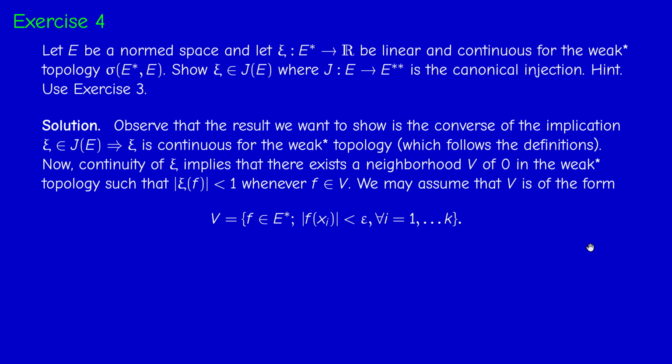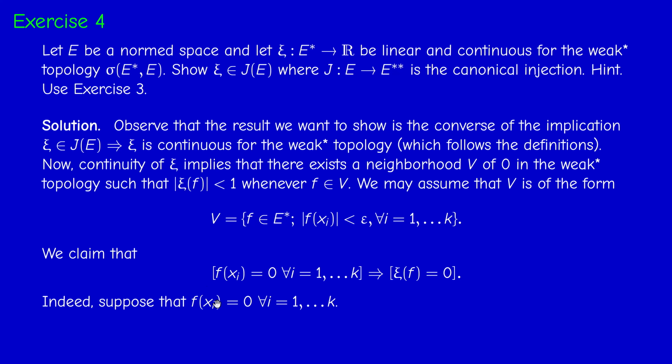So there are finitely many elements xi in E, such that f of xi in absolute value is less than epsilon for all i between 1 and k. And now I claim that if f vanishes at all xi, then necessarily Xi vanishes at f. And then I will use the previous exercise.